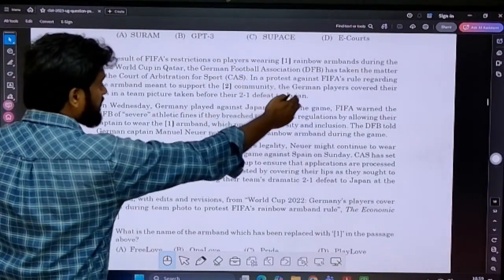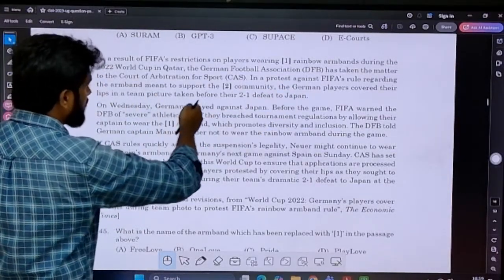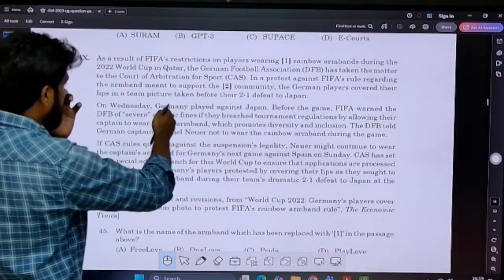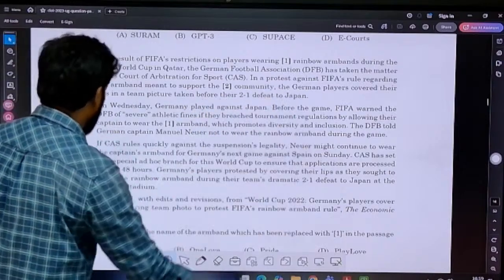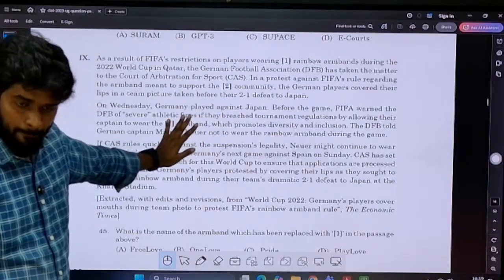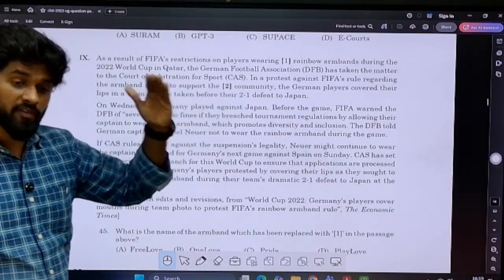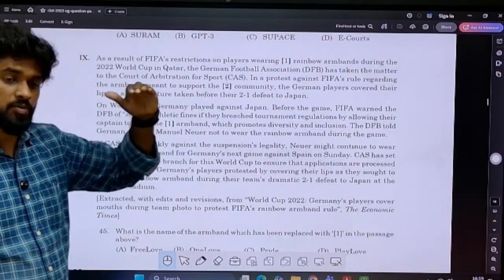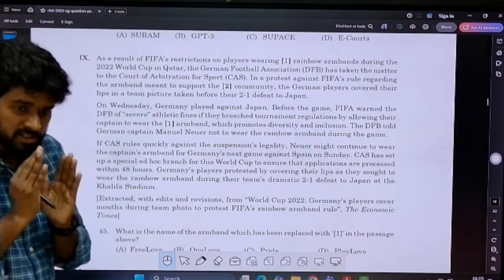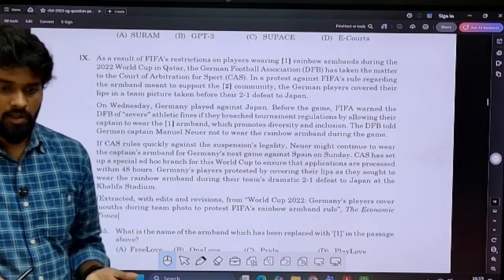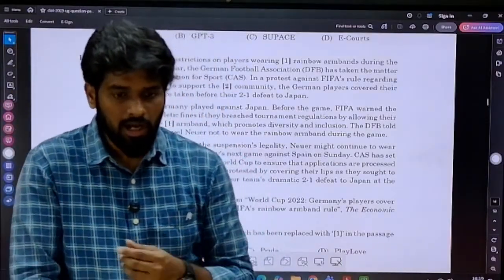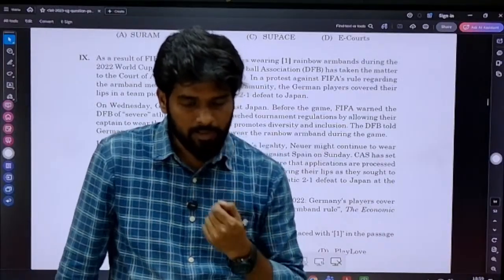In a protest against FIFA's rule regarding the armband meant to support two community, the German players covered their lips in a team picture taken before their 2-1 defeat to Japan. This passage doesn't give you the answer; we have to know the current affairs with respect to 2023. When the World Cup happened, we should know which tribes and communities they were supporting while playing, and what the meaning is when players wear the armband or cover their lips.